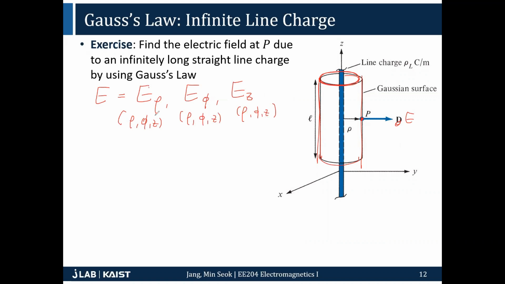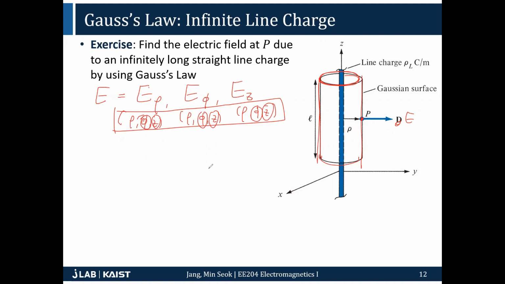This is easy to know, right? So in this case, nothing can be dependent on z or phi. Everyone agrees upon it? Any E field component cannot depend on phi or z. Why?